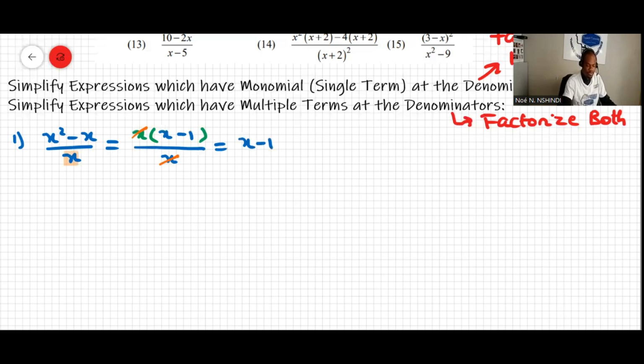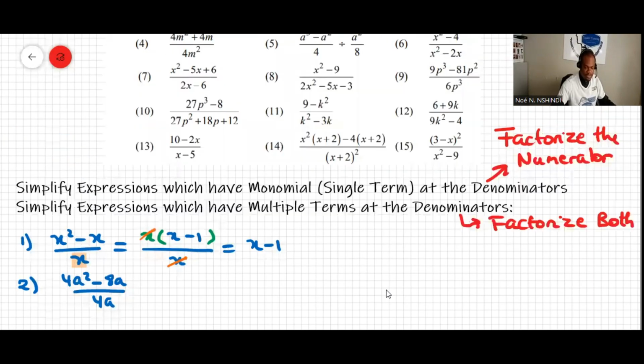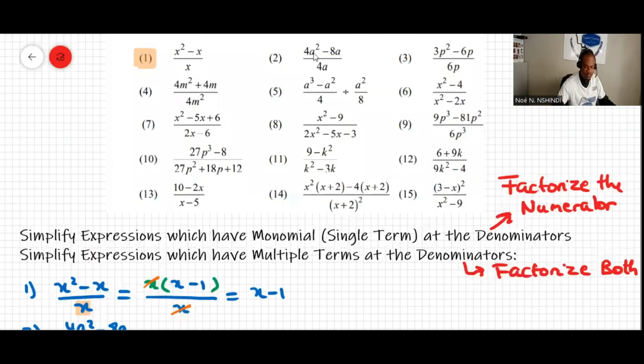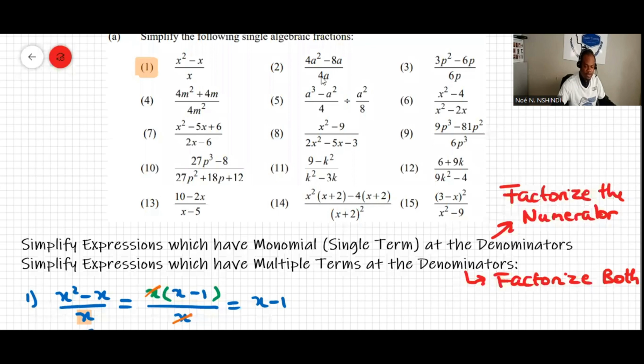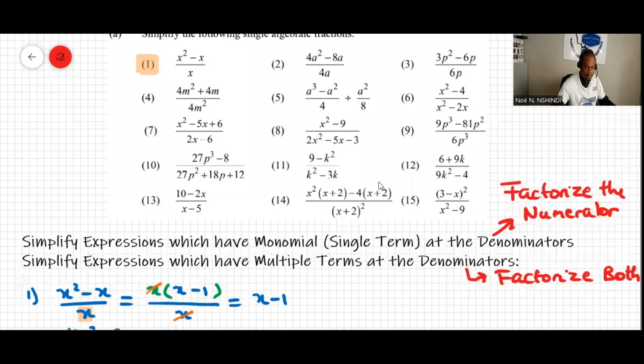Okay. Similarly, in question 2, we have 4a squared minus 8a over 4a.